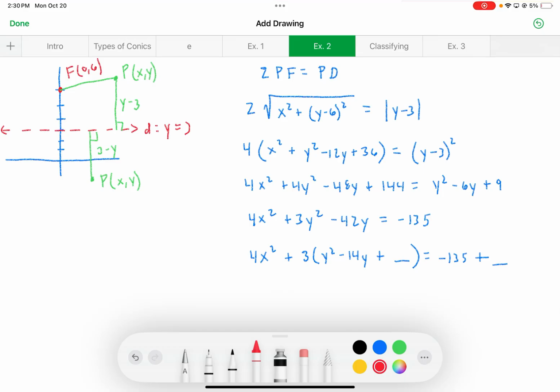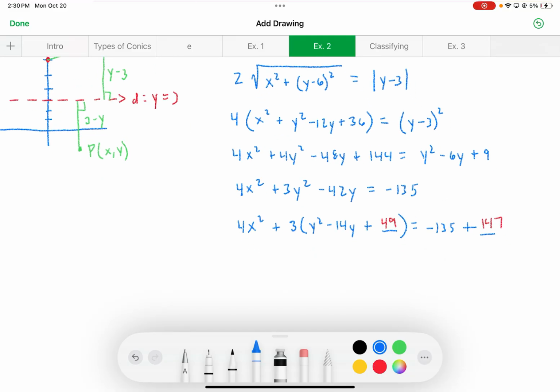What number completes the square on y? 49. Okay, 3 times 49 means the other side should be 147.